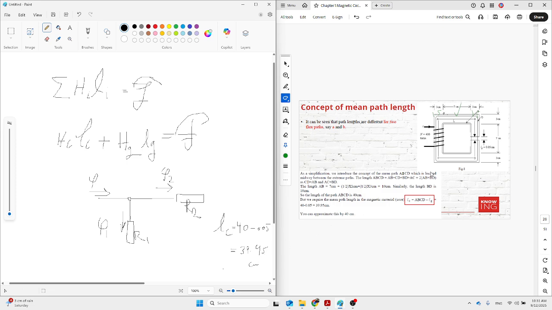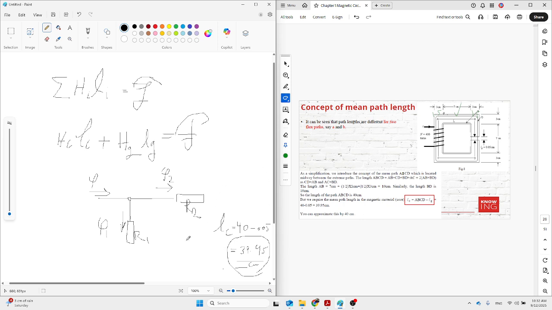Because this value is very close to 40, later you can check how big the difference between 40 and 39.95 is. We can just assume that the length of the core is 40.